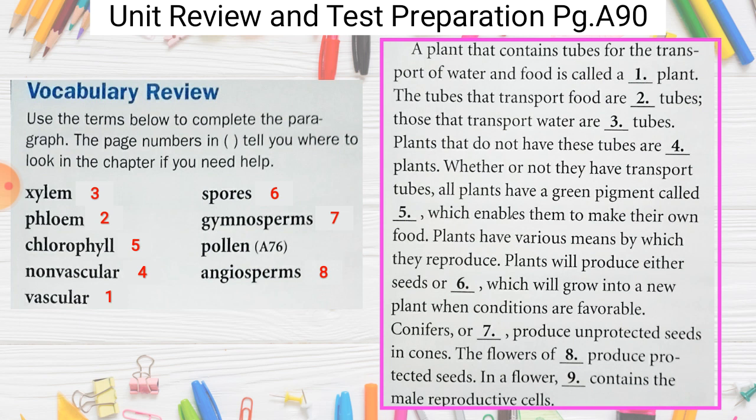The flowers of angiosperms produce protected seeds. In a flower, what contains the male reproductive cells? The pollen. The pollen contains the male reproductive cells. Remember to complete all the spaces with the words from the vocabulary.